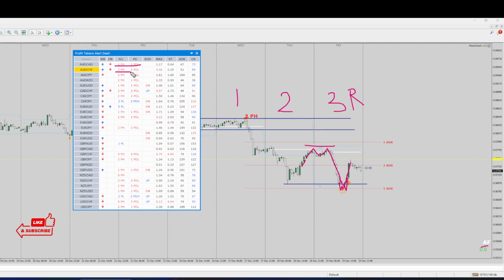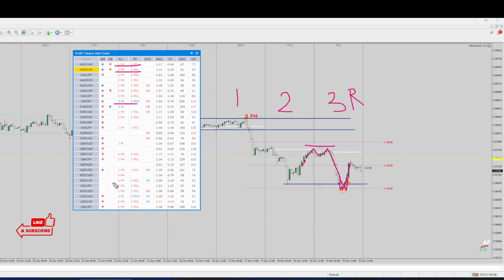And this is what we expect to happen in Aussie CAD on the next trading session. And we saw what that's supposed to look like. And so now this is setting us up for the next trade, which will be this right here.